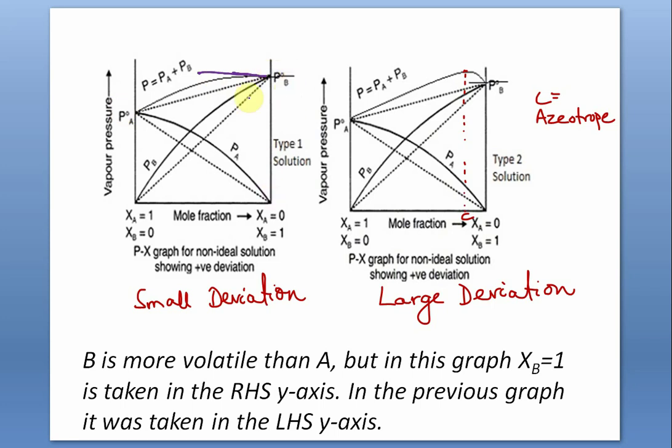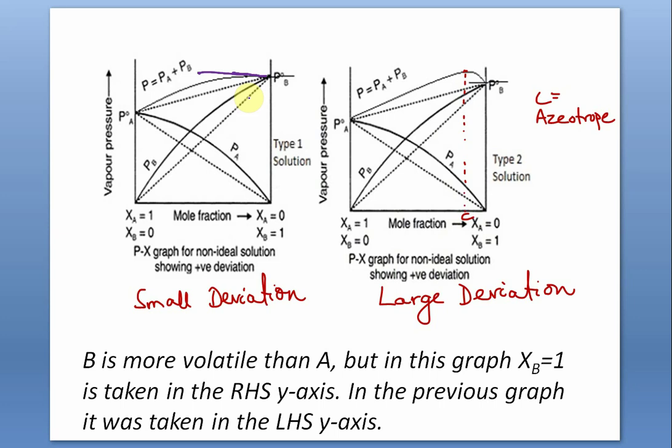B is more volatile. I am copy-pasting pictures from different sources. In some places B is more volatile, A is less volatile. But I have tried my best to keep the more volatile as B and the less volatile as A. I have selected such pictures and I have just interchanged the axes, the sides.